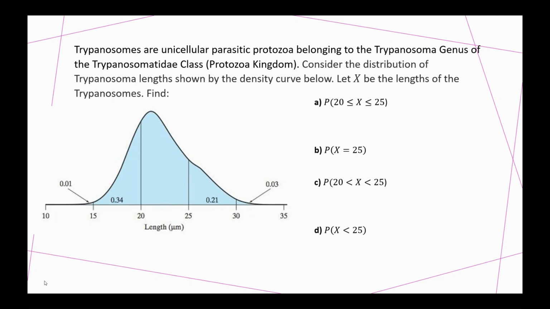Then 20 to 25, we have that blank. We'll figure out what that is. That's going to be part A for us. And then from 25 to 30, 21% of protozoa have those lengths. And then lastly, 3% of these protozoa will have a length of 30 or more micrometers. Okay.